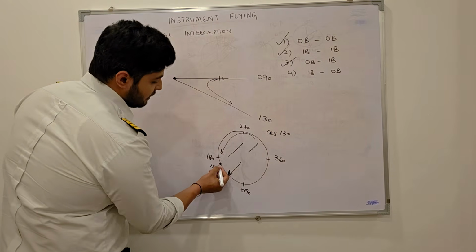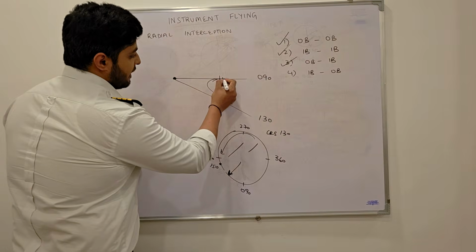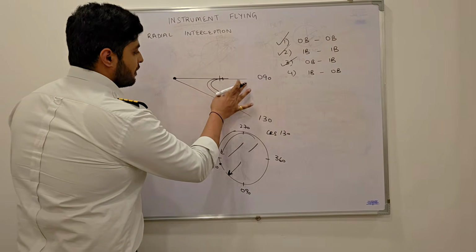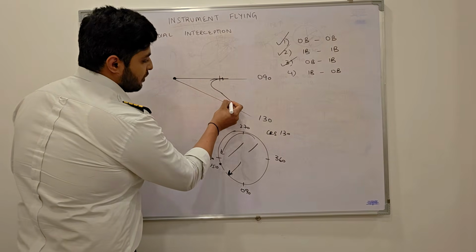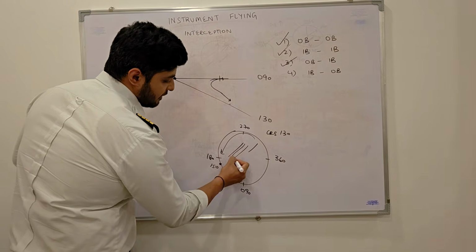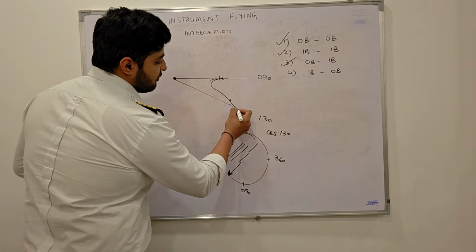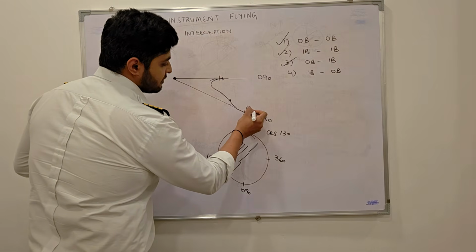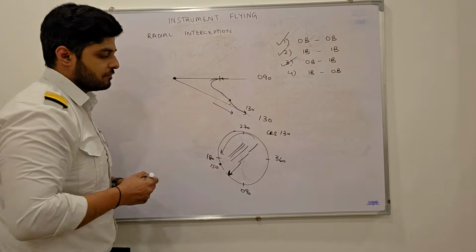I'll turn left to fly heading 150, and as I intercept heading 150, I'll continue forward. This CDI will come center. As soon as it comes center, I'll fly heading 130 to maintain a steady radial of 130 outbound.